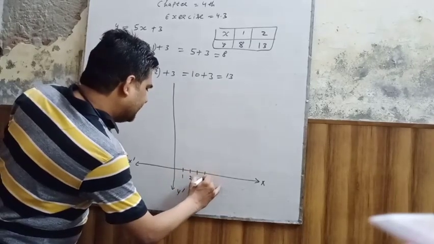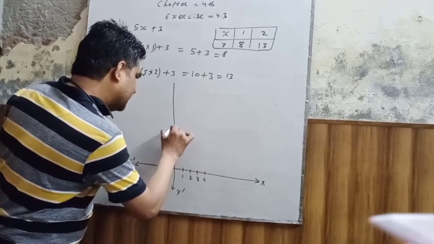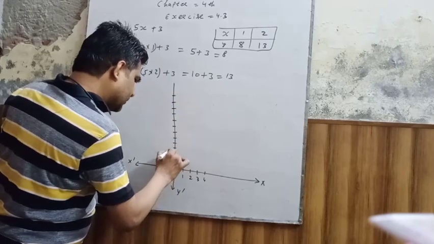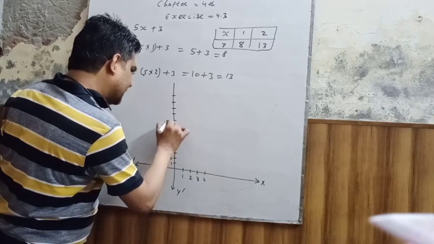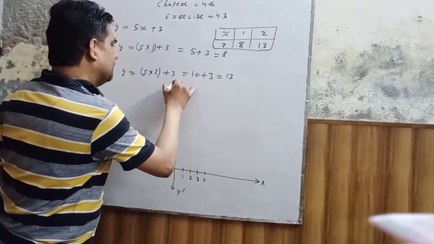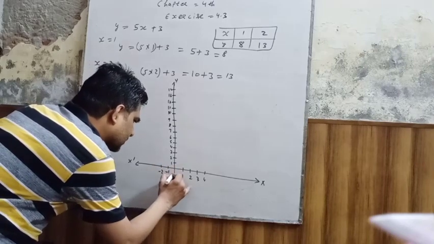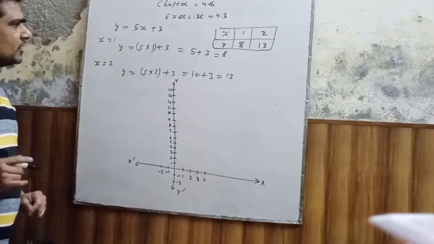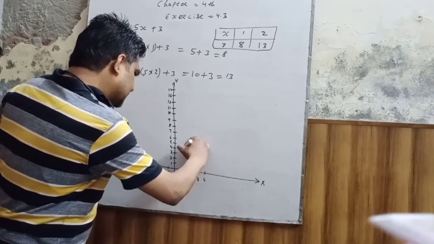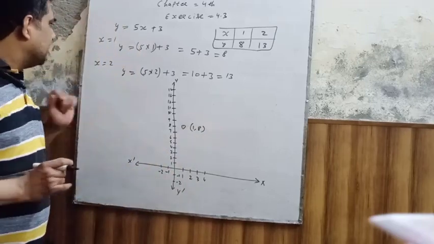Mark the values 1 to 14 on the y axis, here only one -1, -2. Now first x is 1, y is 8, (1, 8). Now x is 2, y is 13.